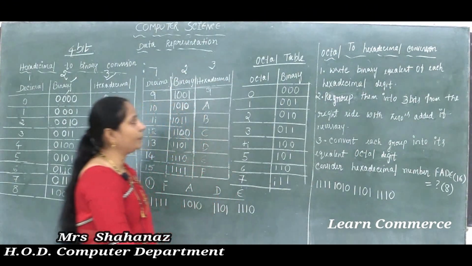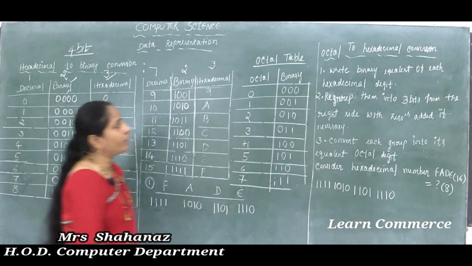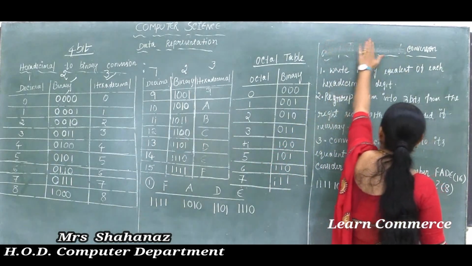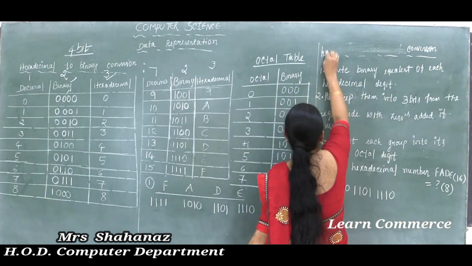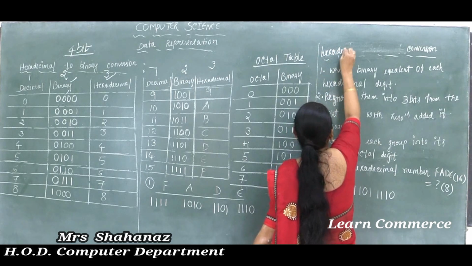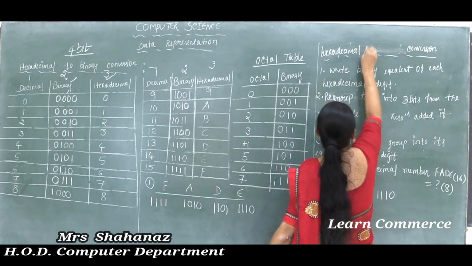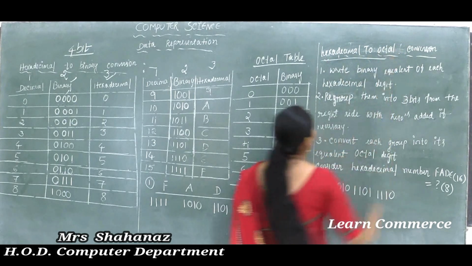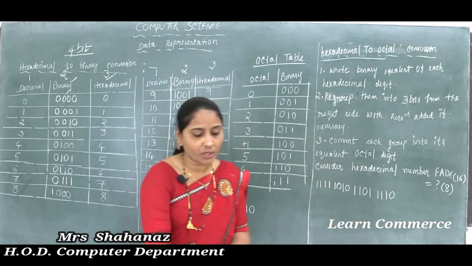Now after completing our octal to hexadecimal conversion, the next conversion is hexa to octal conversion. Clear this point here, the hexadecimal to octal conversion.